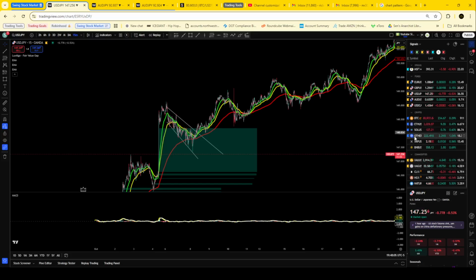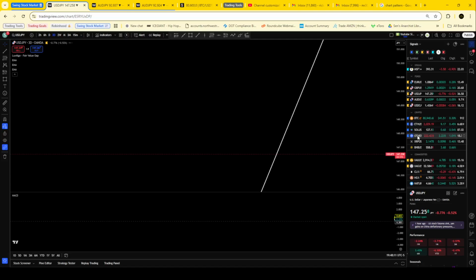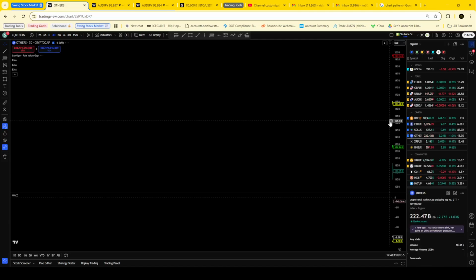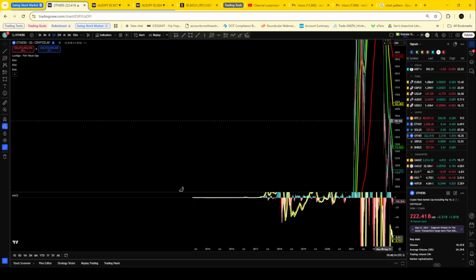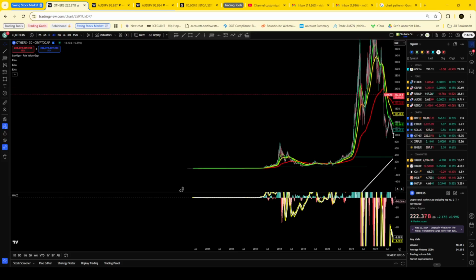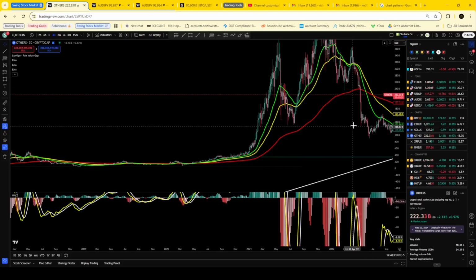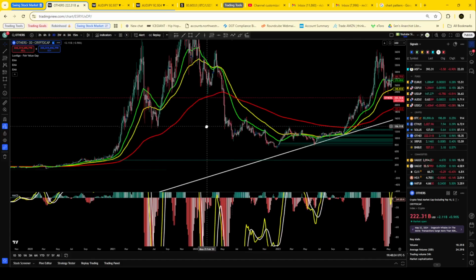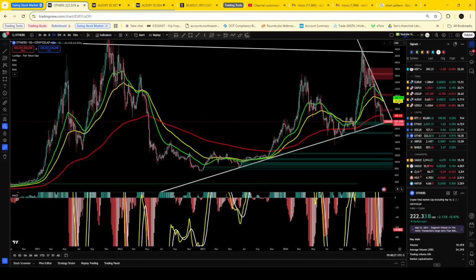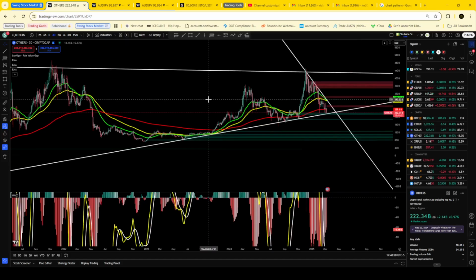So the others, this is crypto without the top 10. I'm sorry, excluding the top 10 right here. So it doesn't have stuff like Bitcoin, Ethereum, possibly Solana, stuff like that. But I looked at this one for altcoin season.